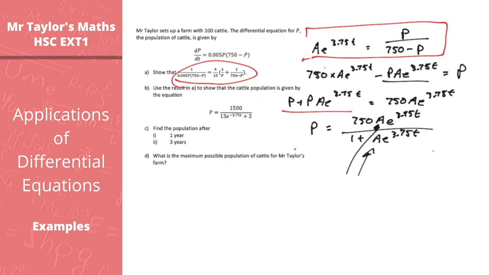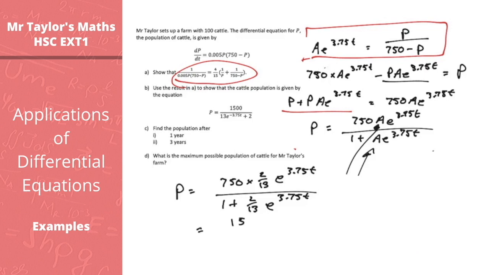Alright, so P is 750 times 2 over 13 e to the 3.75 t over 1 plus 2 over 13 e to the 3.75 t. Okay, now if I multiply everything by 13 and I divide all my terms by e to the 3.75 t, then I end up with 1500 over 13 e to the minus 3.75 t plus 2, which is what we required.